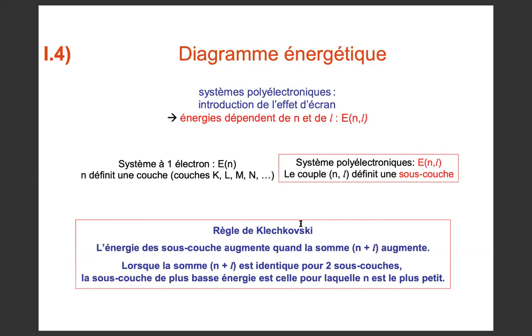From your research, most of you said that the principal quantum number just denotes the energy levels. The second one, the angular quantum number, denotes the electron position in the orbital.